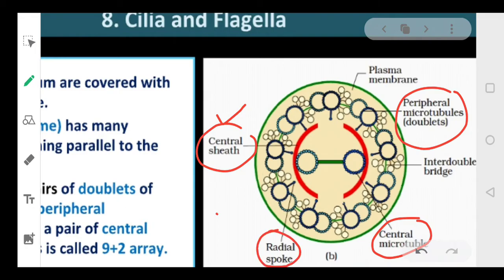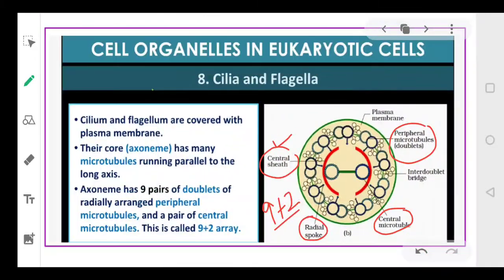Okay, now this arrangement we call the 9+2 arrangement. So this is a 9+2 arrangement of microtubules, and this complete structure is called the axoneme. ये जो पूरा structure है इसको हम axoneme कहते हैं. तो आपकी cilia और flagella axoneme से बने होते हैं, means 9+2 array system उनके अंदर present होता है.